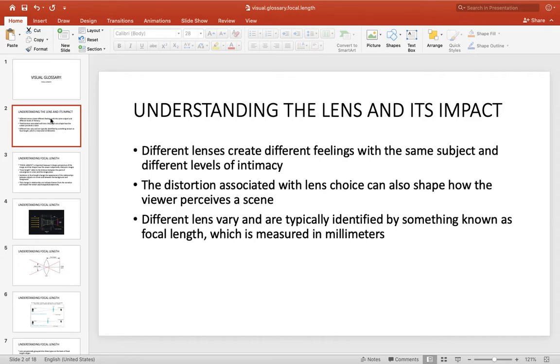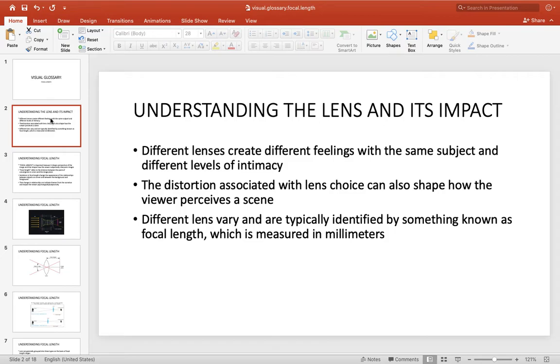Now, what is important to note about the lens is that cinematographers use different kinds of lenses when shooting to create different feelings and to create different views of the same subject, okay? Perspective is altered through the use of different lenses.